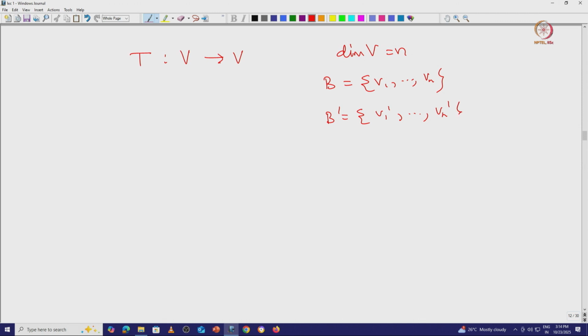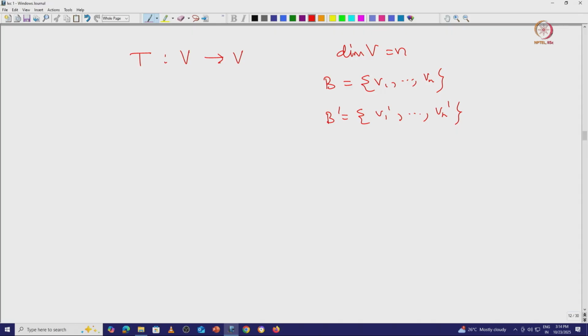Vn dash. Now we want to relate the matrix of T with respect to B and the matrix of T with respect to B dash. In order to do that, let us first understand how one can relate the coordinates.